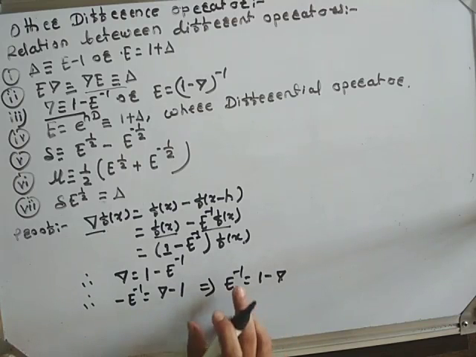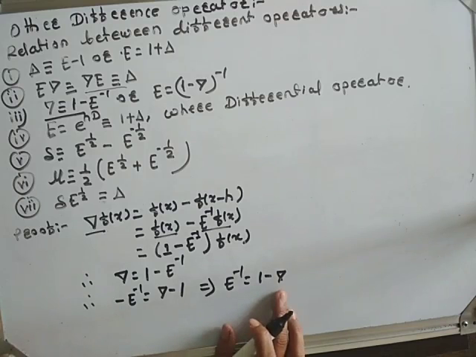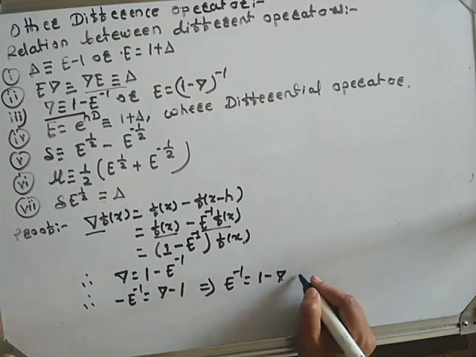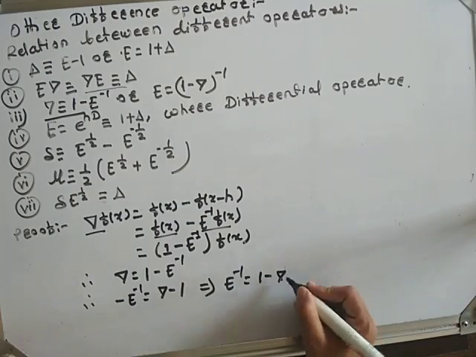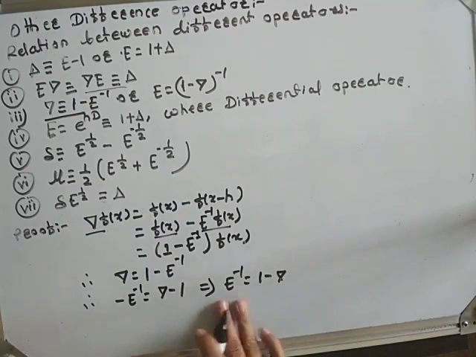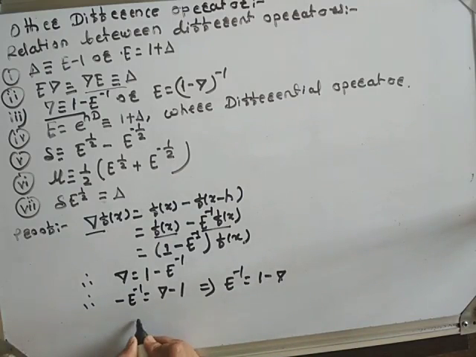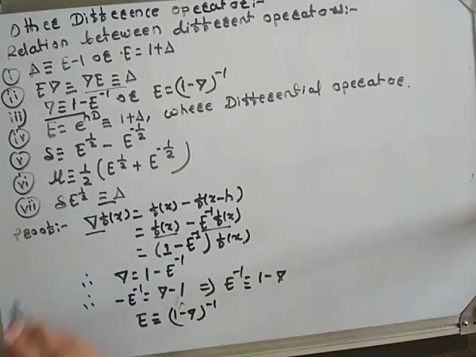We get E inverse is equal to 1 minus delta, and this E inverse is nothing but 1 upon E. Therefore, taking reciprocals on both sides, we get E is equivalent to 1 minus del inverse. Hence relation 3 is proved.